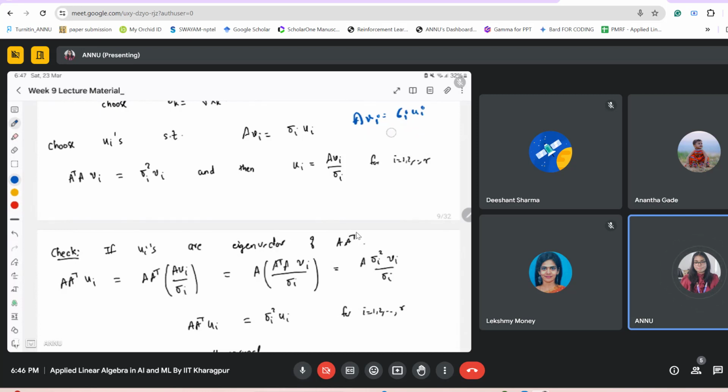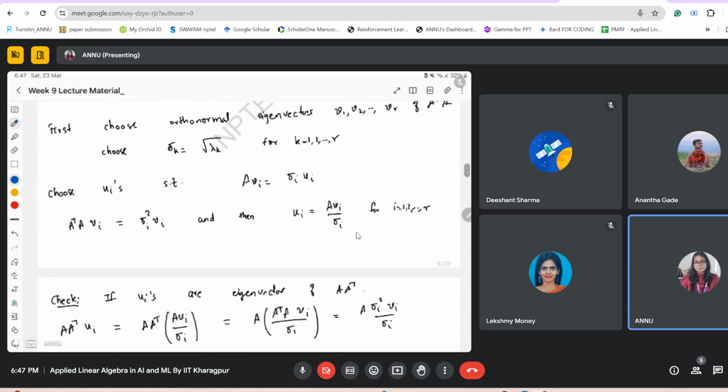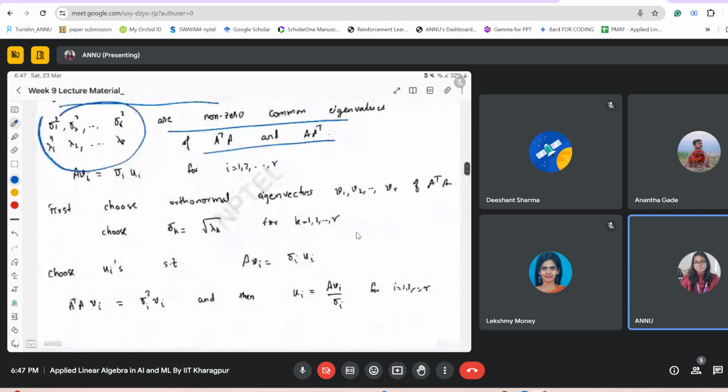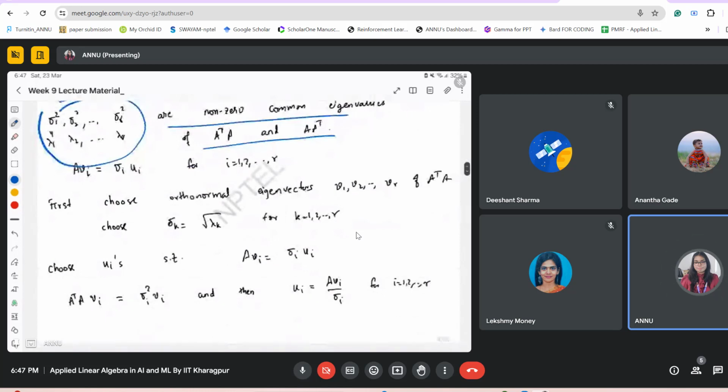So you can have Ui equals A Vi divided by sigma i. You can calculate either Ui first or Vi first, but if you calculate Vi first, then Ui can be easily written in terms of this one. Anyway, these sigmas are just scalars.